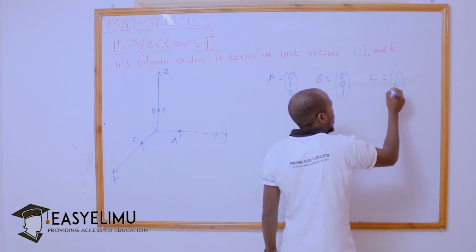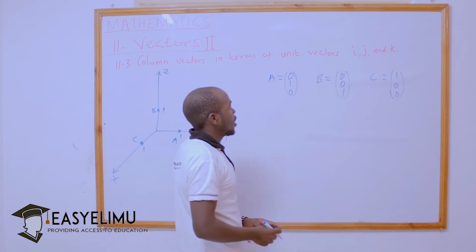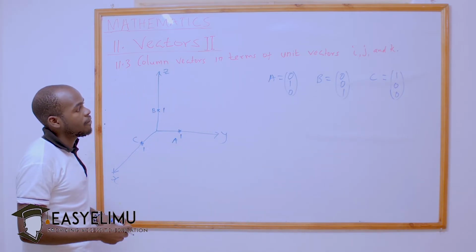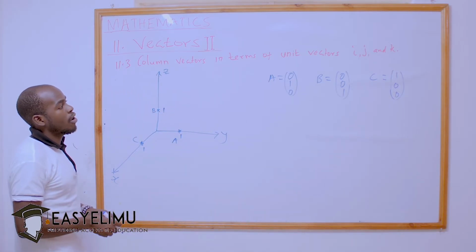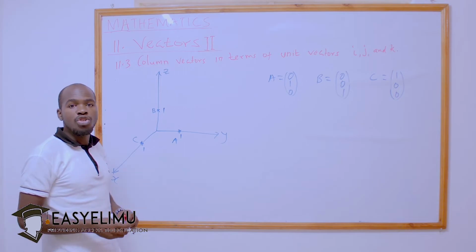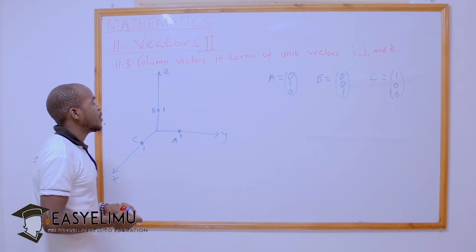These are what we refer to as positional column vectors of A, B, C in unit direction.